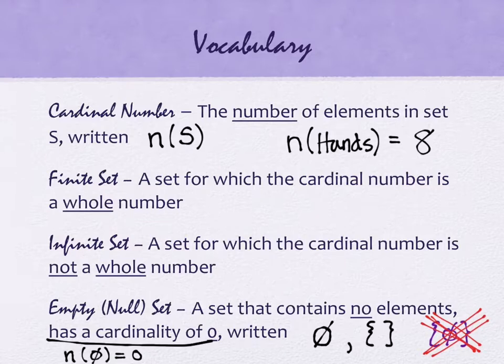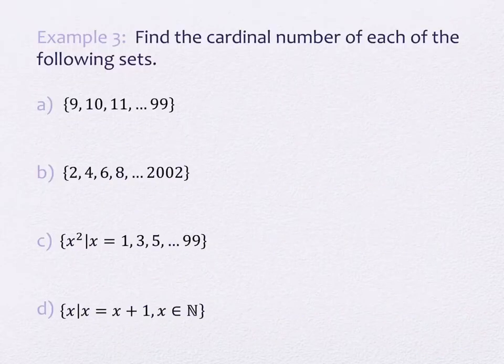There are no babies living in my house. I have no babies right now. I mean, all my children are sort of my babies, but you know what I mean, right? There are no infants in my home. So we can talk about that, and it sounds kind of funny, but that would be a null set for my life. You're going to do a null set for me next time when we come to class. So we're going to find a few cardinalities next, okay?